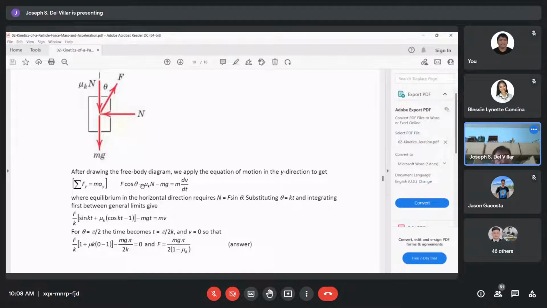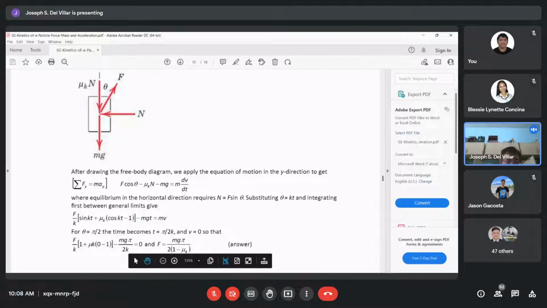Okay? But acceleration is defined as the derivative of the velocity with respect to time. So that is m times dv over dt. Okay? So that is the equation, no? So as you can see, hindi muna natin sinosolve na in terms of, what do you call that?